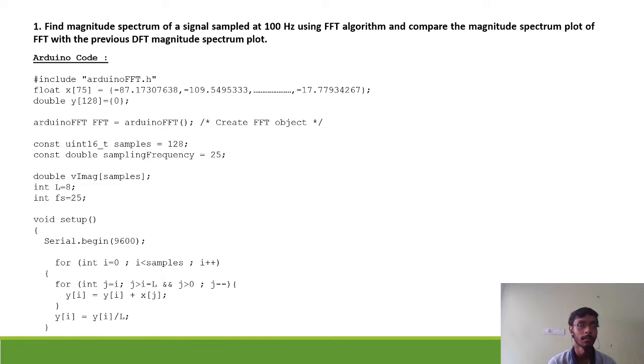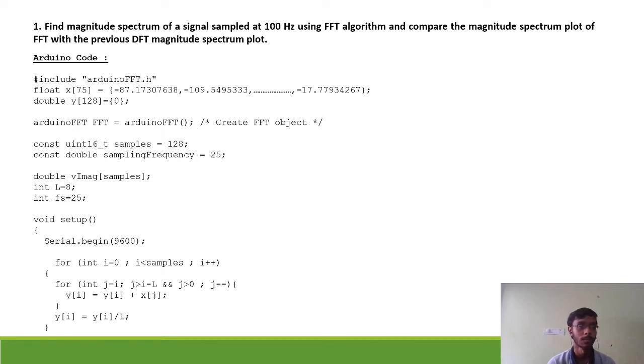After creating the object, we have declared two constants: samples equal to 128 and sampling frequency equal to 25. Next, I have declared another imaginary array, vImag of samples. Though we are working on real data here, we need the imaginary part to be 0. Moving average block size is equal to 8 and sampling frequency equal to 25.